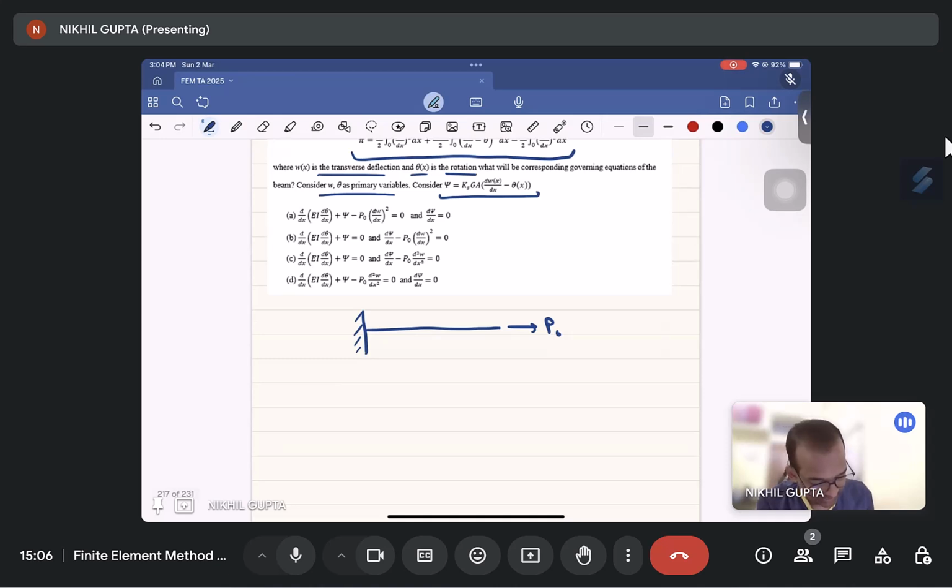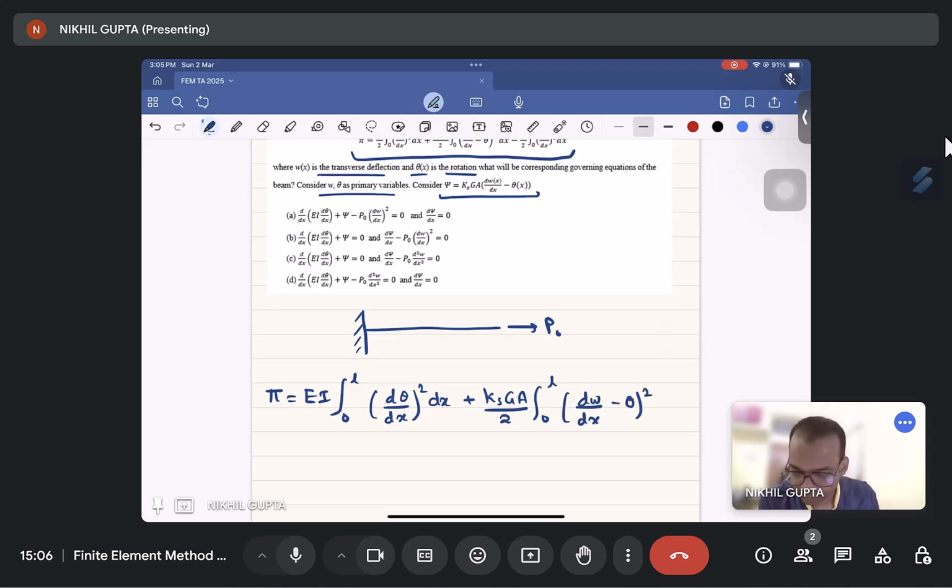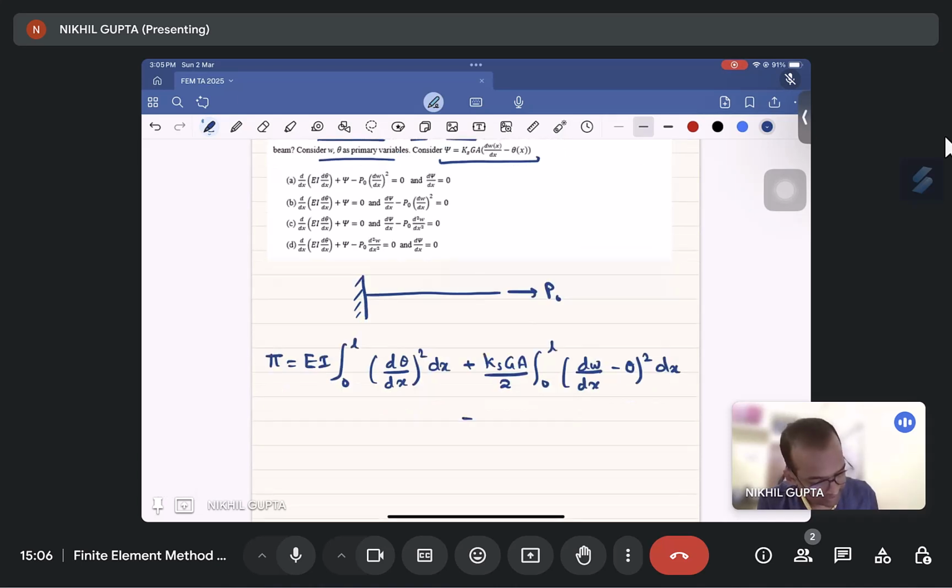Now let's start writing the potential energy function, which for the Timoshenko beam will be EI by 2, integral 0 to L, (d theta by dx) whole square dx, plus ksGA divided by 2, integral 0 to L, (dw by dx minus theta) whole square dx, minus, since the point load is also there, that will also contribute to the potential energy function, P naught by 2, integral 0 to L, (dw by dx) whole square dx.